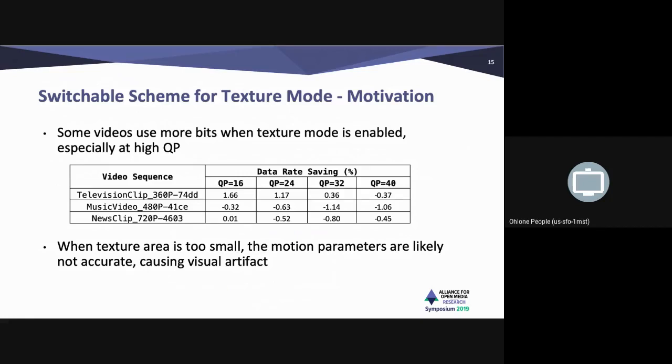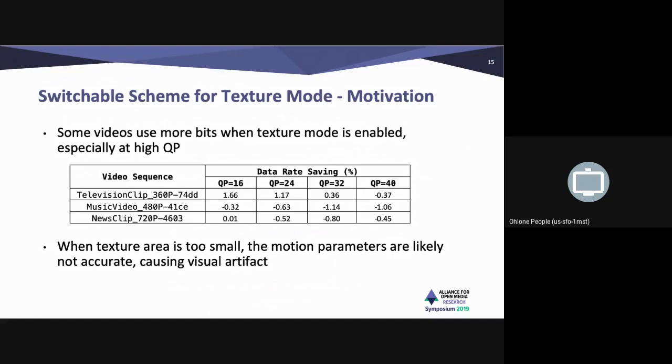This is particularly true at higher QP because of the added information we need to represent the motion information and the flag to indicate whether to enable or disable this mode. So there's a desire to enable this only when there are anticipated coding gains throughout the sequence.